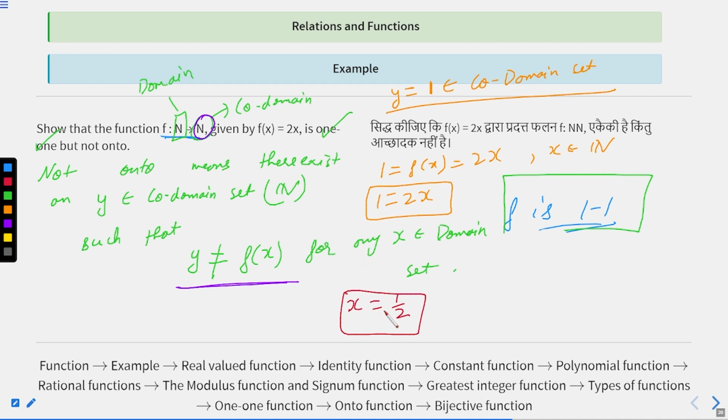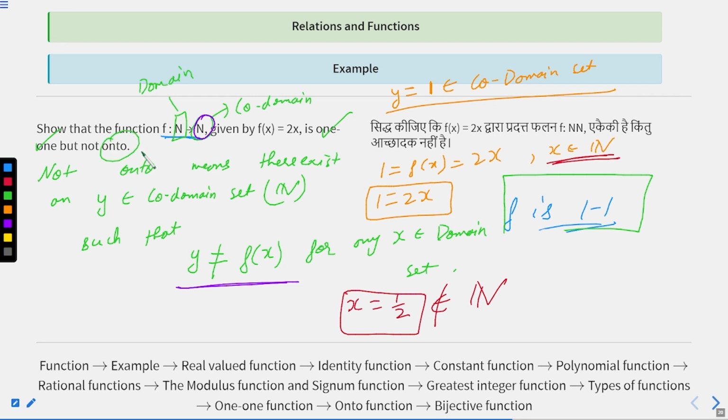Yes, but here x belongs to the natural number set, and 1 by 2 is not from the natural number set. So you found an element from the codomain which cannot be written as f(x). So this means that my function is not onto.